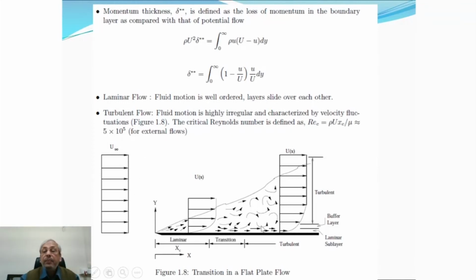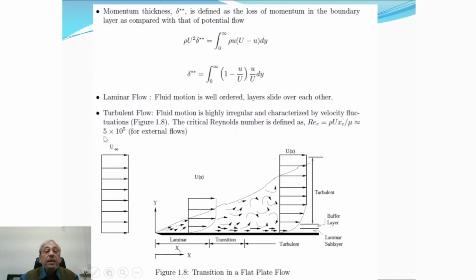For flow over a flat plate, the Reynolds number based on the distance from the leading edge, that is rho U x by mu, at a critical distance, we will call it the critical Reynolds number, crosses a value of 5 into 10 to the power 5 for external flows over a flat plate, or external flows in general.